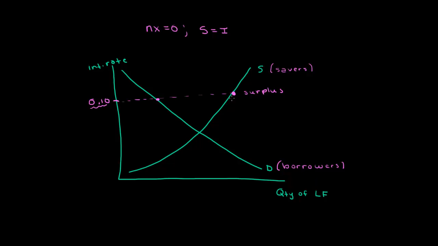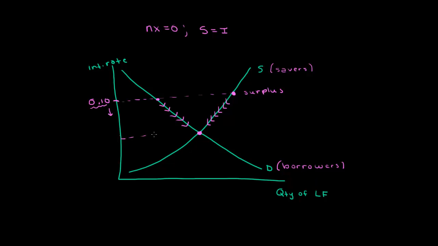The people who are providing the loanable funds, the savers, will be willing to lend their money at lower interest rates just to get somebody to borrow it. So the interest rate will fall, and as it falls, firms will be willing and able to borrow more money. Of course, some people say that as that interest rate falls, it's not worth saving. I might as well consume it.